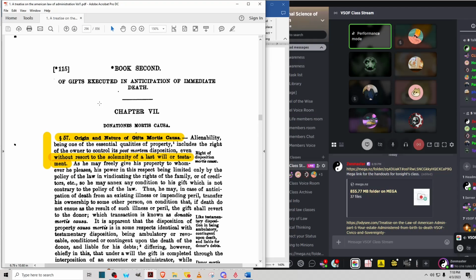Okay, so what is a gift mortis causa? I'll just give us an example. Say someone's crossing the road and they get hit by a car, and it's clear that they're going to die within a few minutes, that no one's going to be able to save them. And there's a few witnesses around and he says, "Please give my Corvette to my brother."